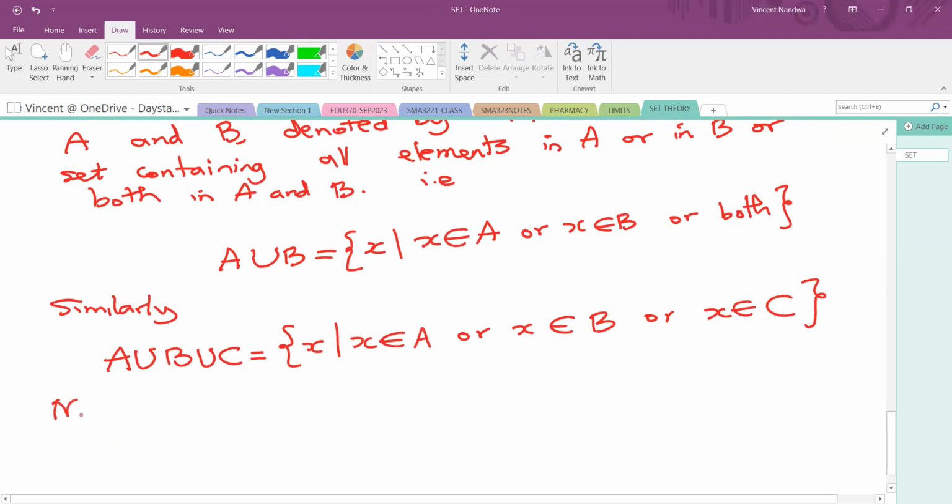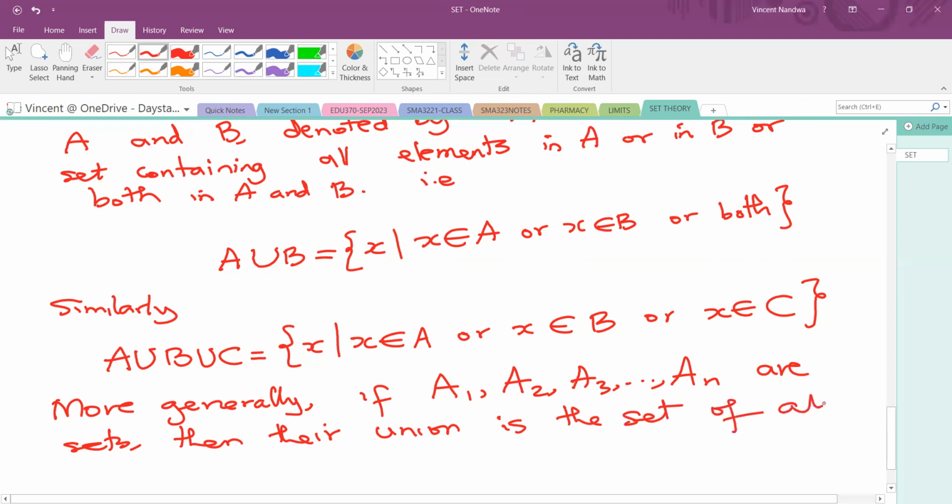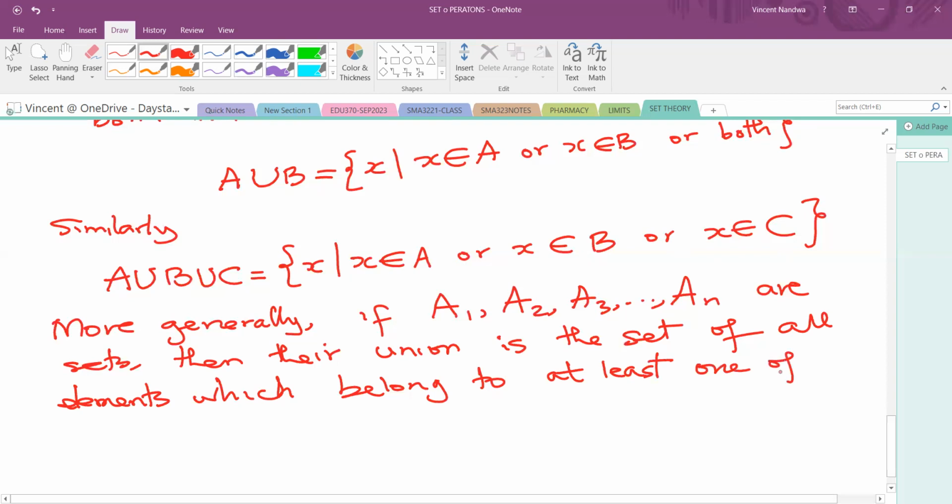And in general, if A1, A2, A3 up to AN are sets, then their union is a set of all elements which belongs to at least one of them.